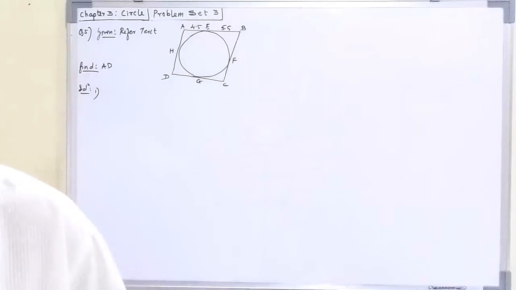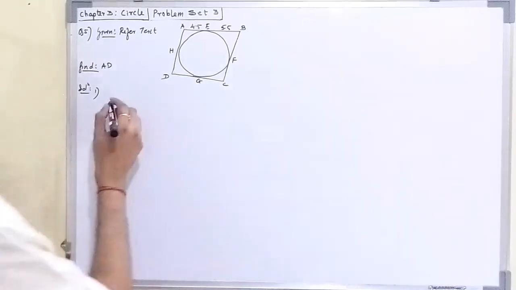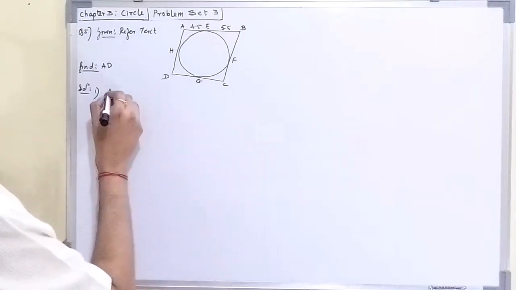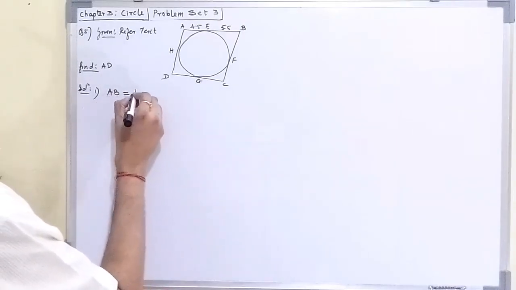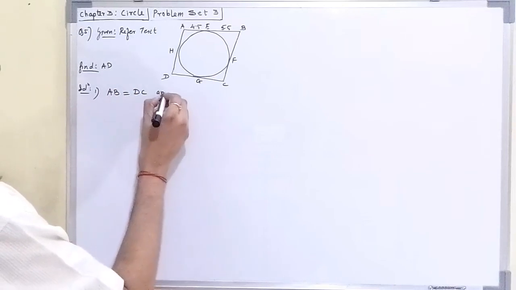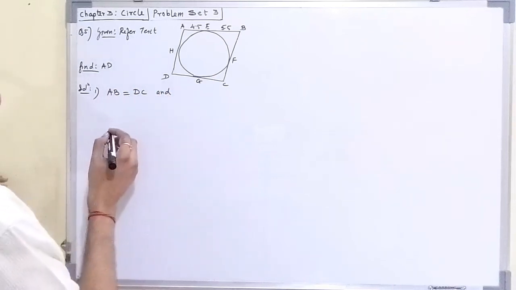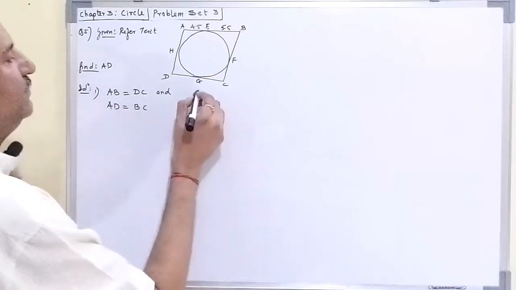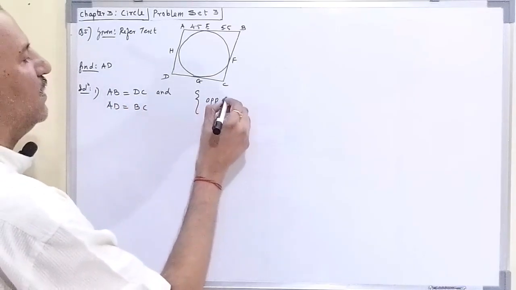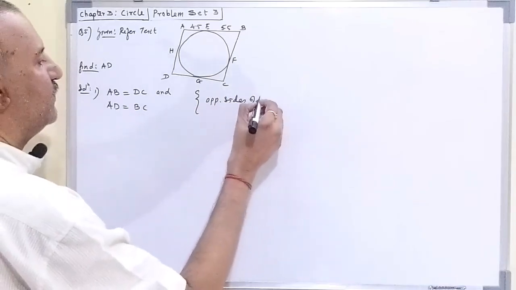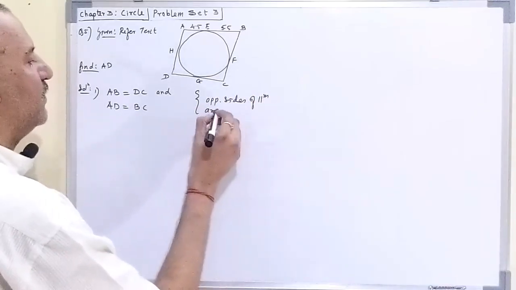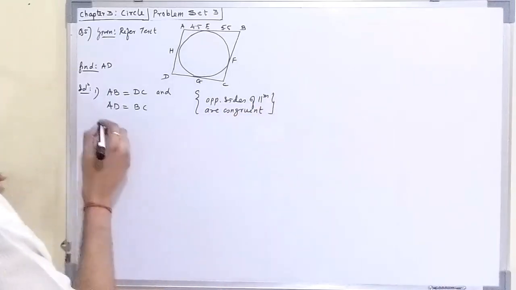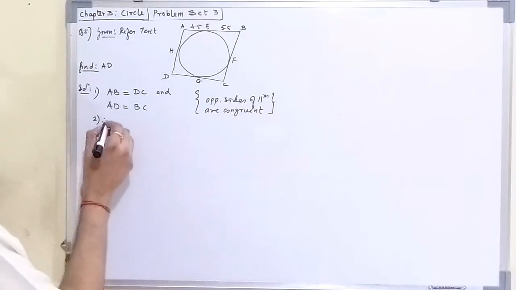They have given us, it's a parallelogram. So opposite sides of a parallelogram are congruent. So we can write AB equal to DC and AD equal to BC. Reason, opposite sides of a parallelogram are congruent. Statement number 2.